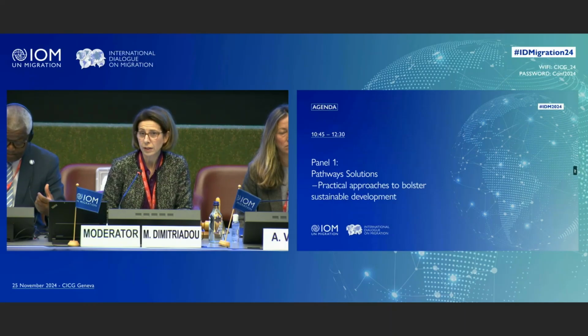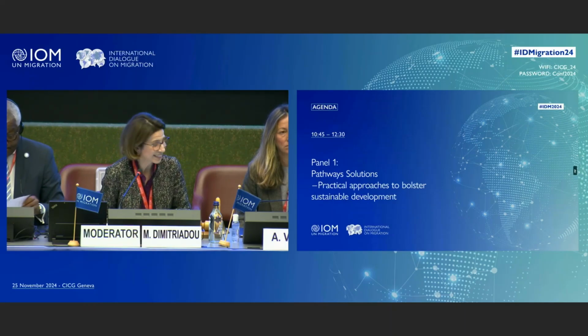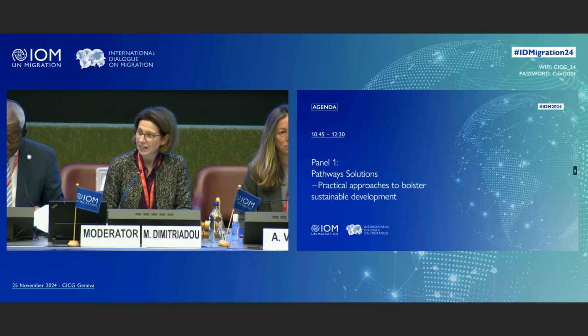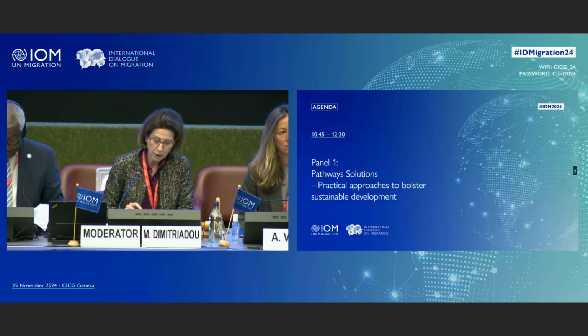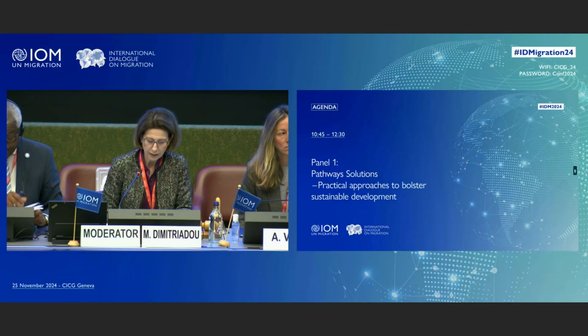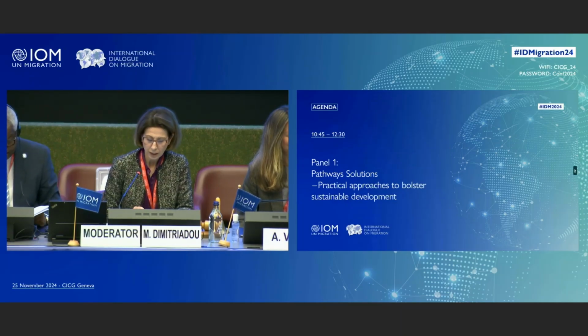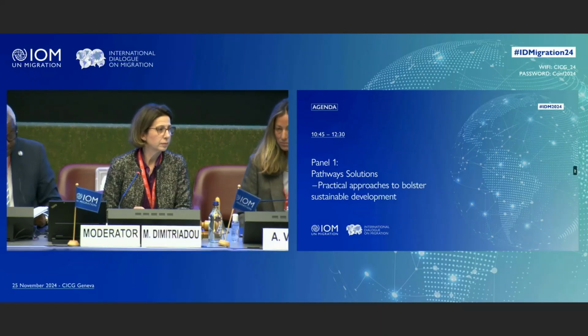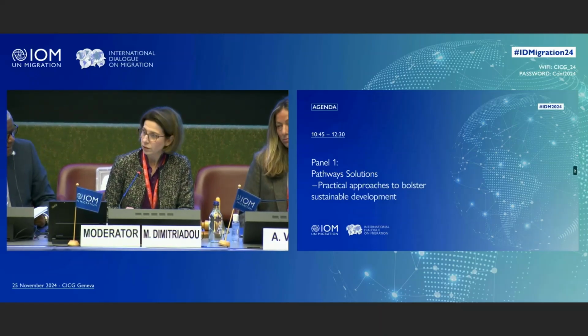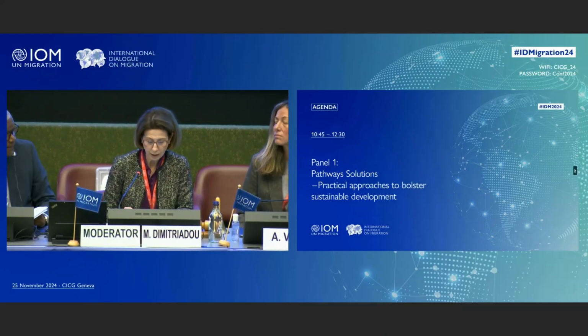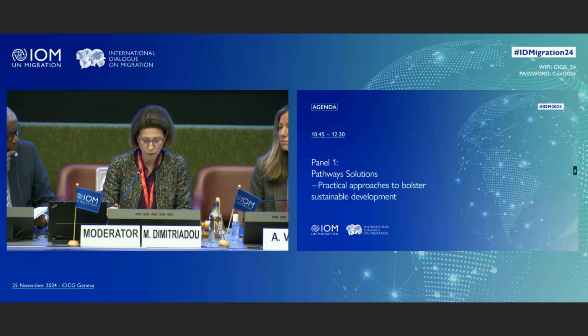As we heard in the fantastic, I must say, setting the scene panel previously, the evidence is clear. Well-managed migration significantly enhances sustainable development outcomes for everyone involved. However, these benefits are not a given. The success of migration in terms of where, how, and with what outcomes people migrate is heavily influenced by the options available to them.